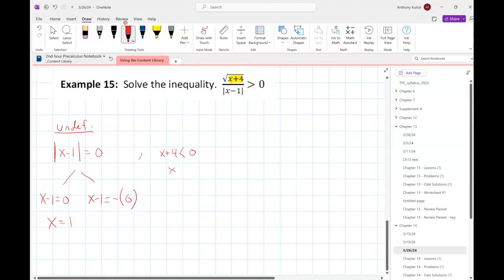So if I do this one, if I subtract 4 from both sides, I get x is less than -4, right? So that tells me anything where I'm less than -4 is undefined. So I have to remember that when I'm picking my test values, that I can't pick anything less than -4, right?